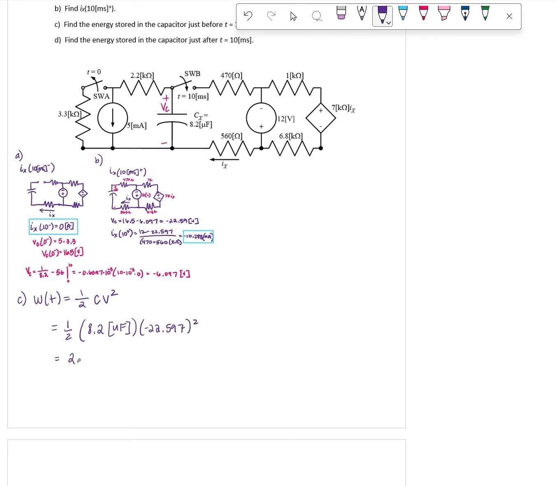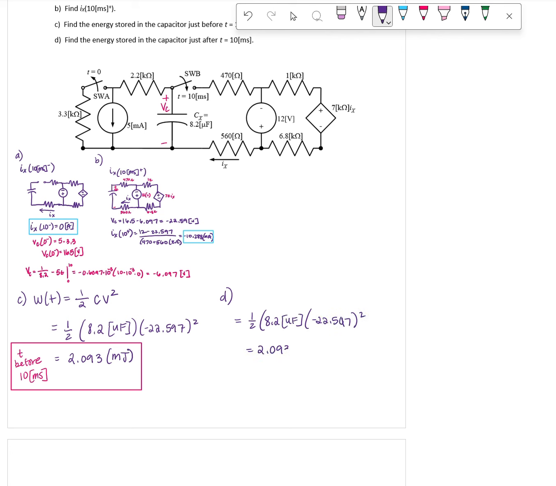This will give me 2.093 millijoules for the energy stored at t before 10 milliseconds. For after 10 milliseconds, I'll use the same equation and get the same value.